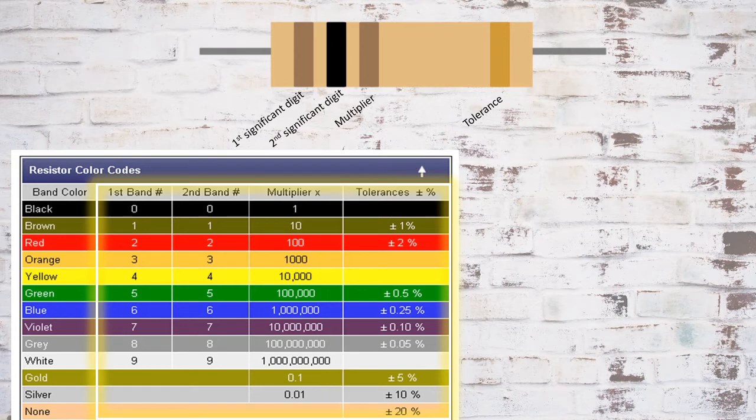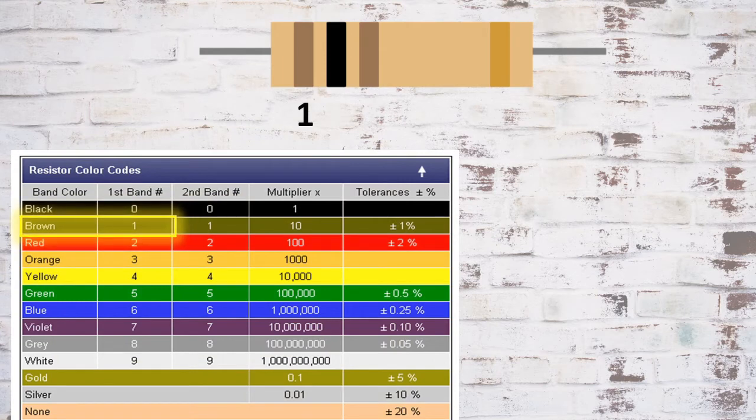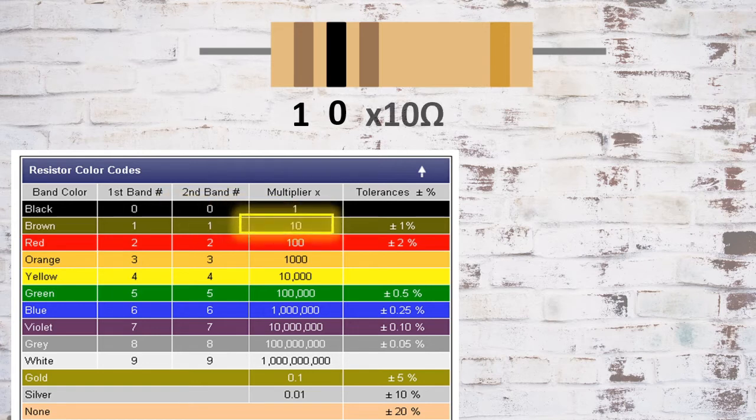For our first example, we have a resistor with the colors brown, black, brown, gold. The first band tells us the first digit, 1. The second color is black and it gives us the value of 0. The third color is brown, which gives us the multiplier of times 10 ohms.